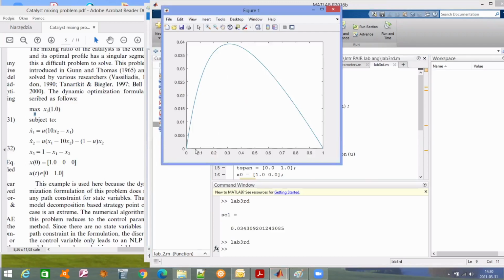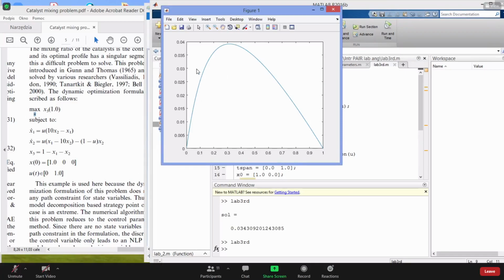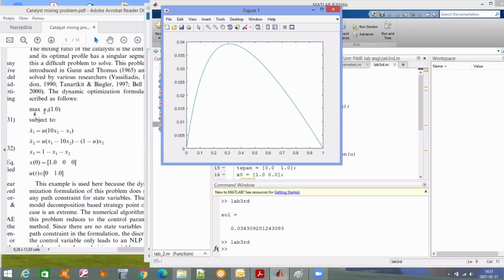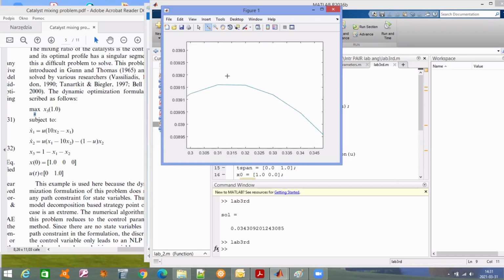So here we have different values of u between 0 and 1 and the obtained values of x3 at the end. And now we can observe where for each u the objective function is the best.